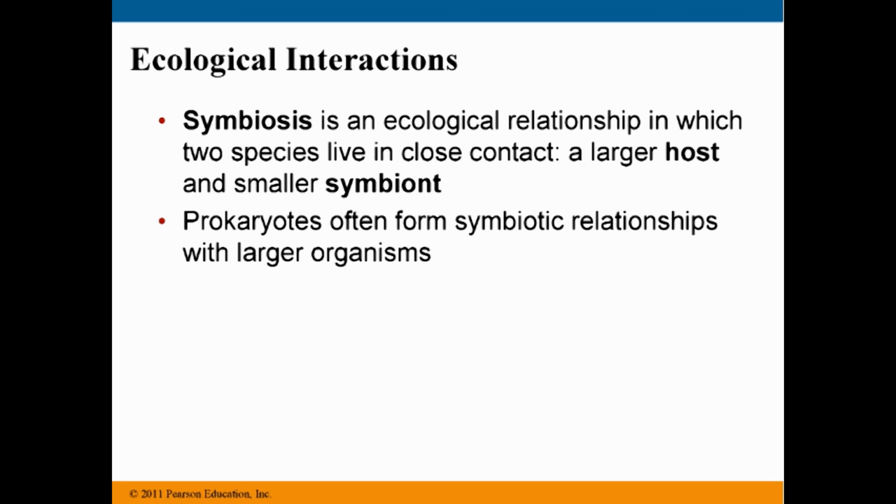There are several instances of symbiosis that occur with our prokaryotes. So symbiosis is a relationship, so an ecological relationship where two species live in very close contact with each other. You're going to have a very large host, typically, and a smaller symbiont. So those prokaryotes very often form symbiotic relationships with larger organisms.